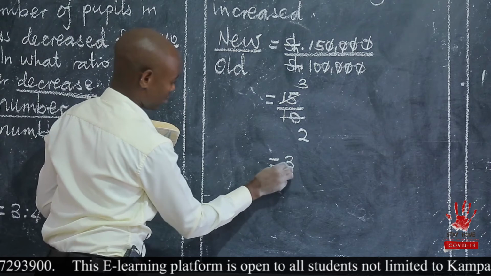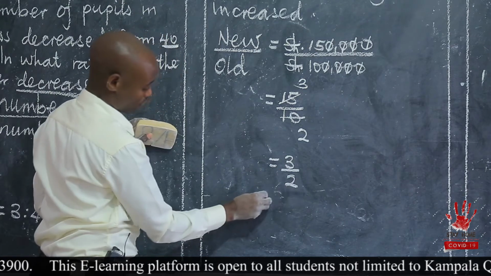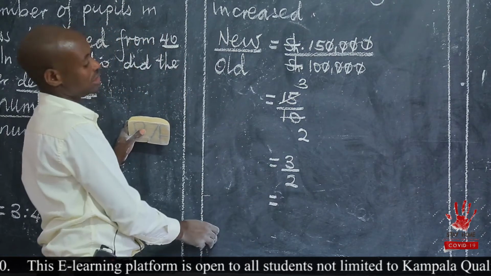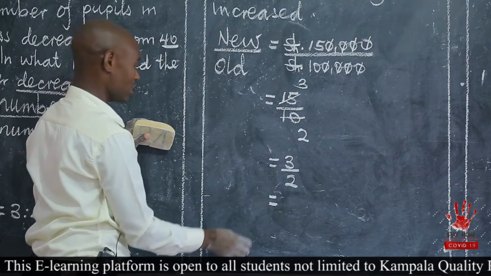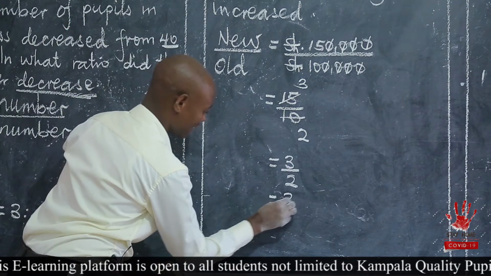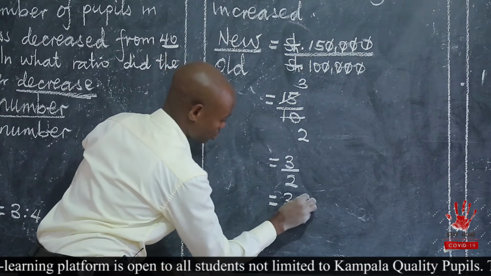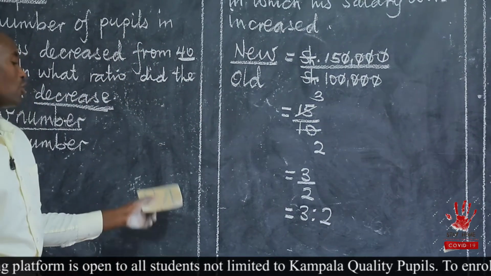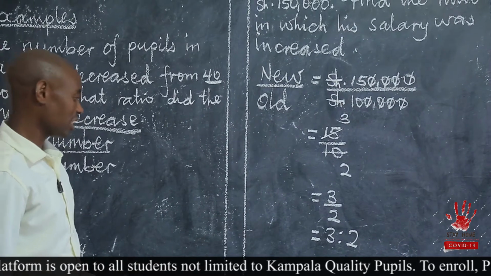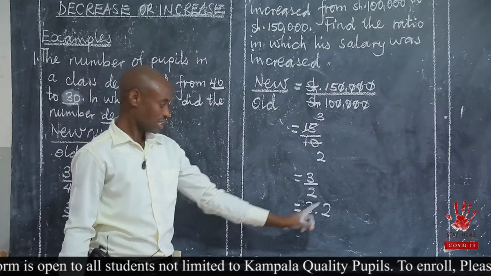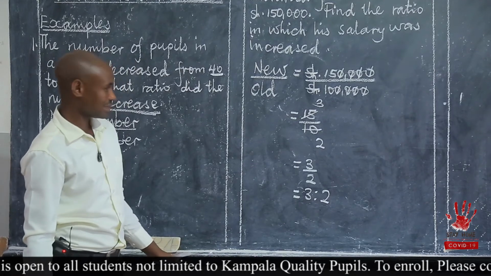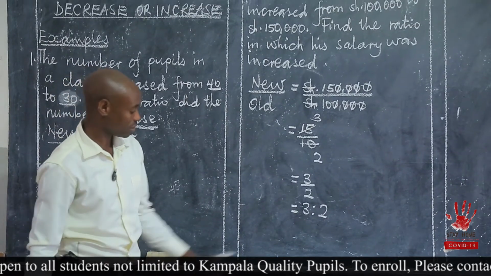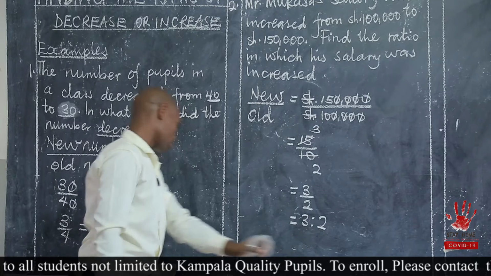We are getting 3 out of 2. Can this fraction be further reduced? No. So the ratio is going to be 3 to 2. So it means Mr. Mukasa's salary was increased in the ratio of 3 to 2.